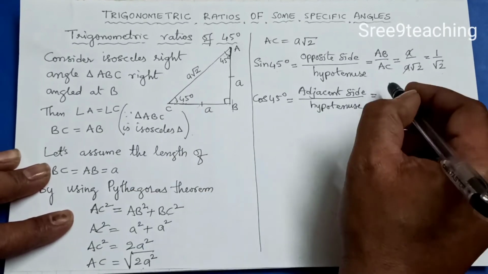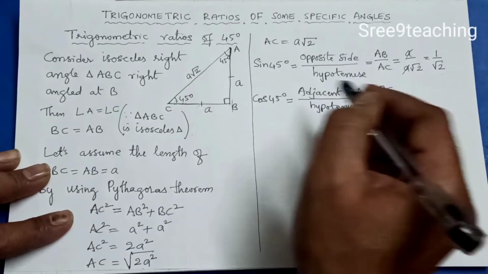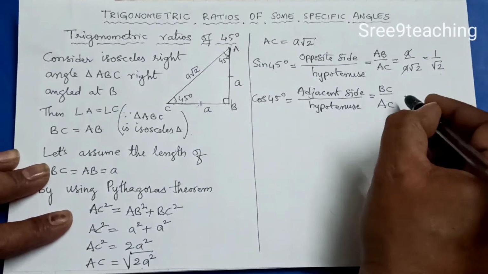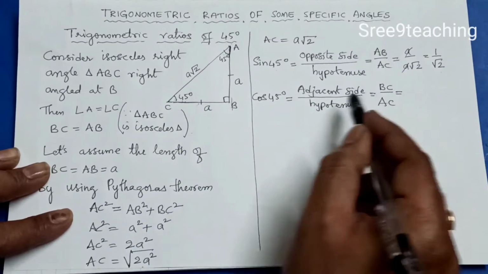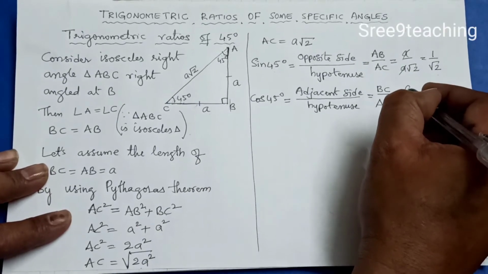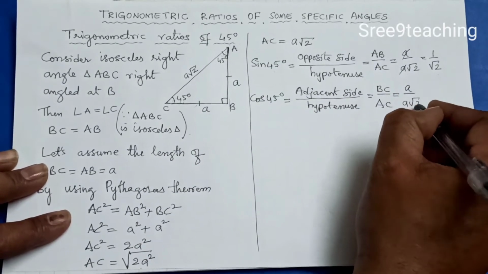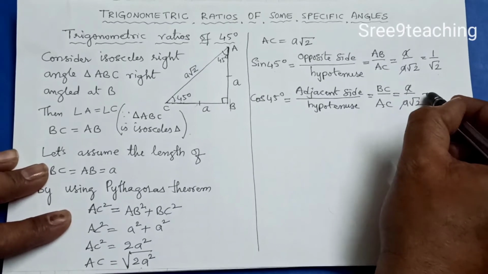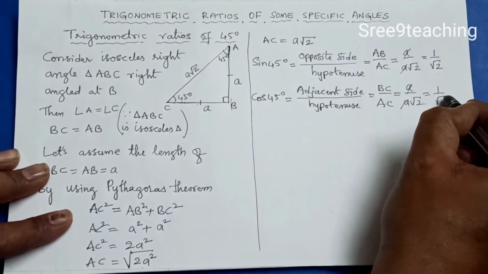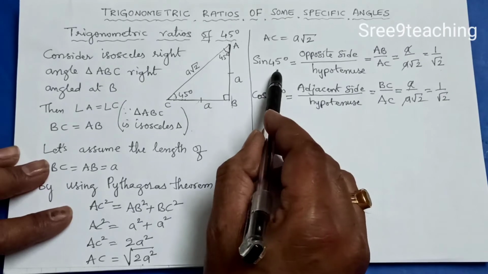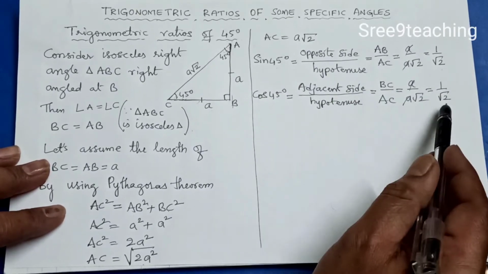That is BC. What is the hypotenuse? AC. What is the BC value? BC is A, and AC is A root 2. So here also A gets cancelled, then we will get 1 by root 2. It means that sin 45 degrees is also 1 by root 2 and cos 45 degrees is also 1 by root 2.